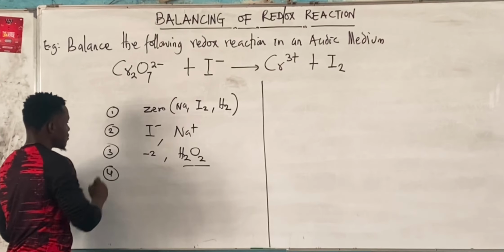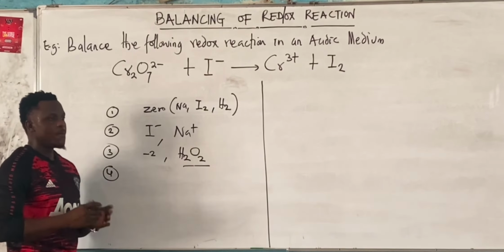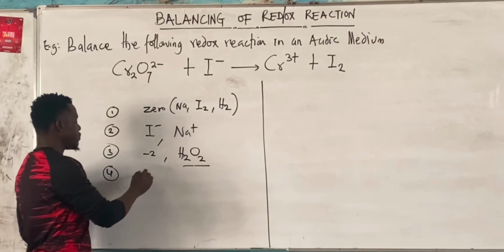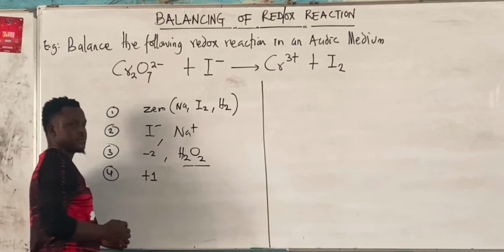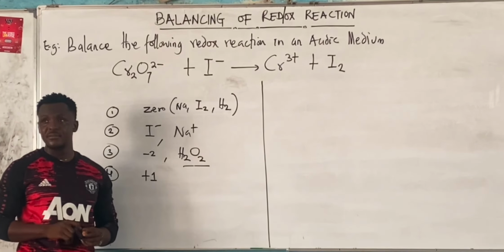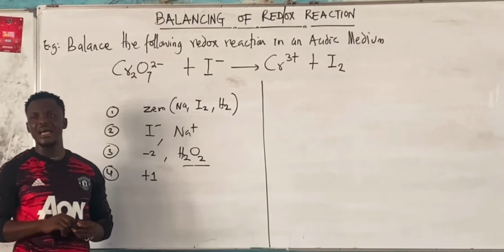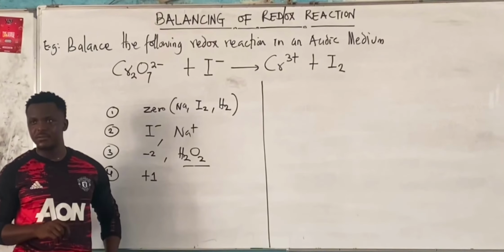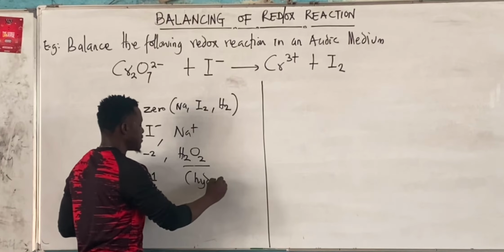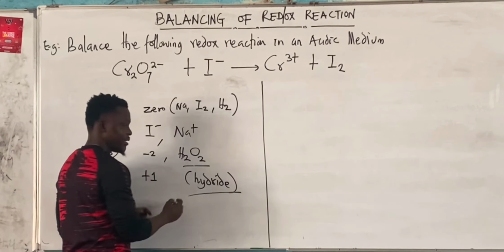Hydrogen: the oxidation number or oxidation state of hydrogen is always +1, except when hydrogen combines with a metal, in brackets, a hydride.